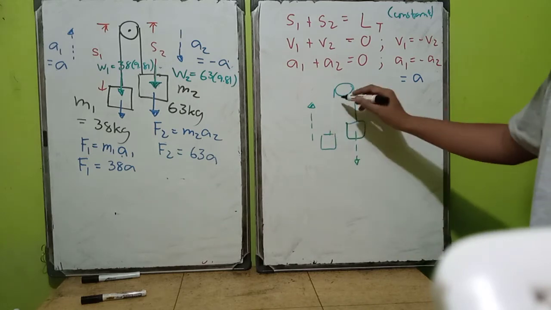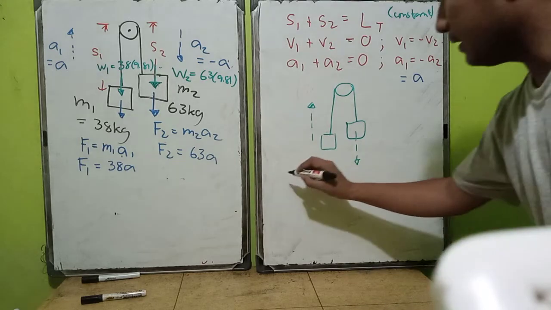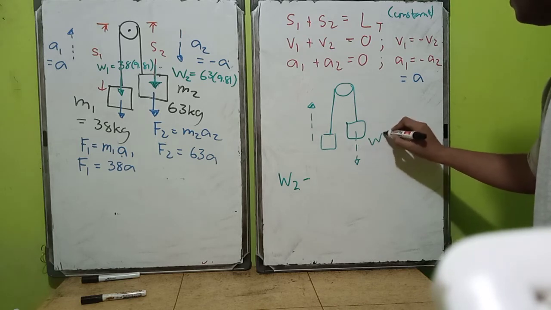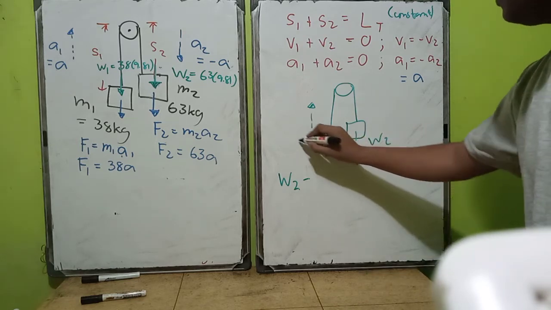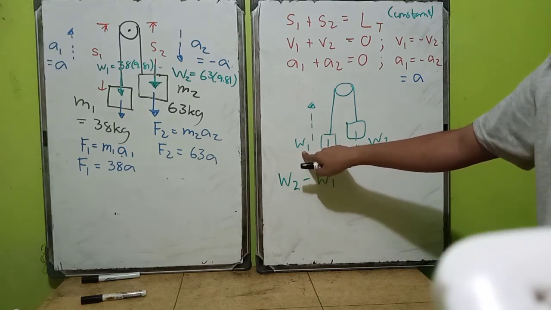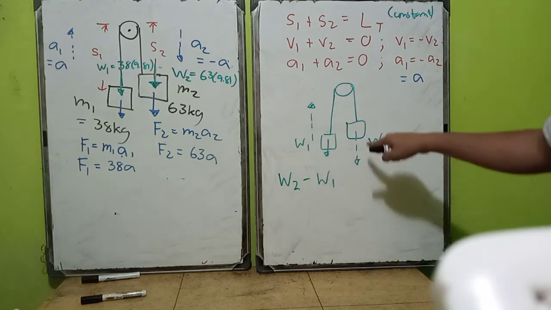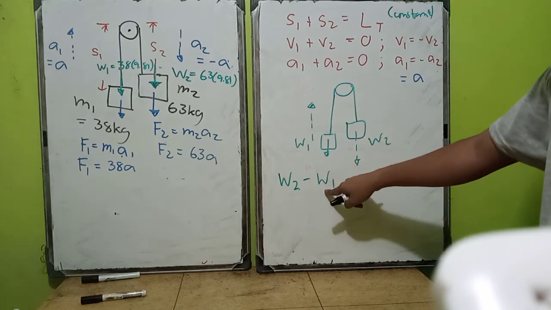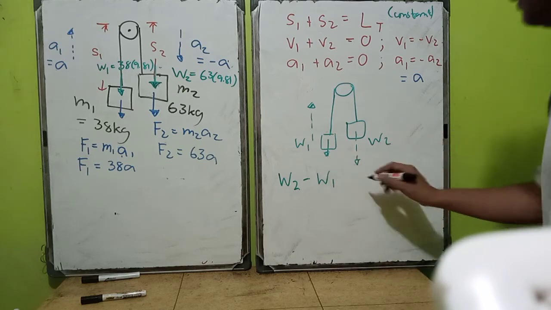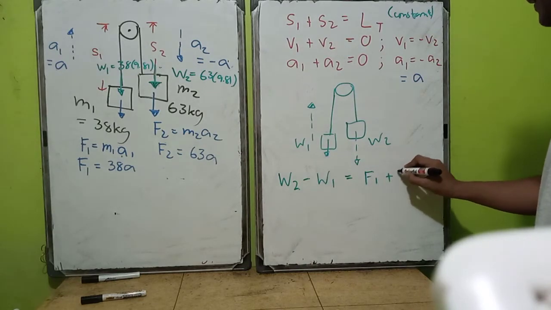And then we could use this weight and these forces. So the weight of this heavier body minus the weight of this lighter body is equivalent to the forces F1 plus F2.